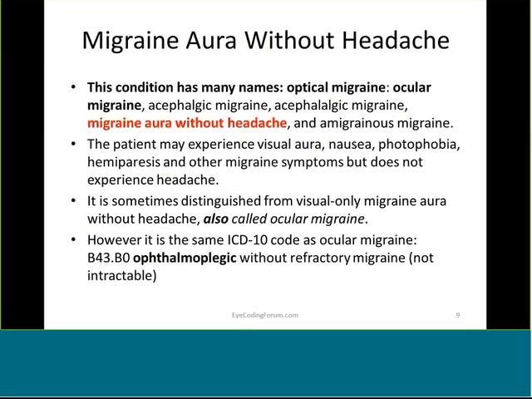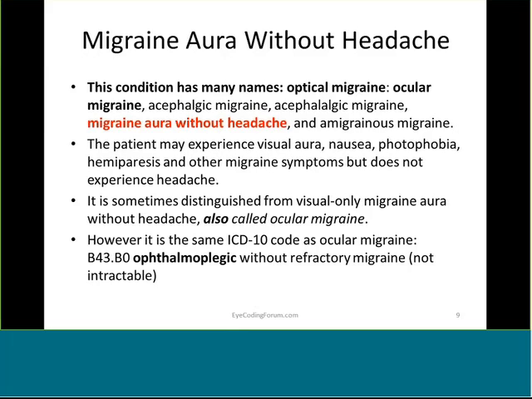Now, a lot of people use this term, migraine aura without headache. When you research this, you'll find that a lot of people have a lot of names associated with this. They'll call it an optical migraine. They'll call it an ocular migraine. They'll call it a cephalgic migraine, acephalgic migraine, migraine with or without headache, and migrainosus migraine.